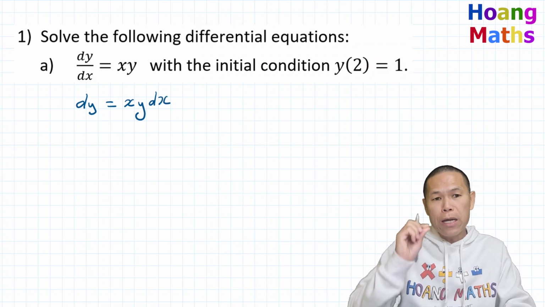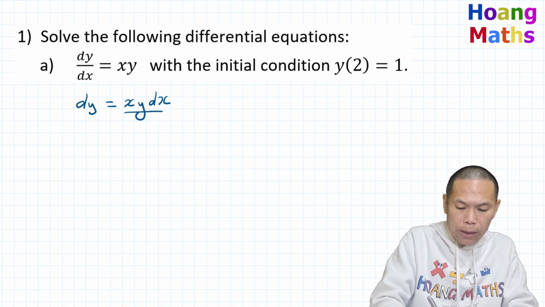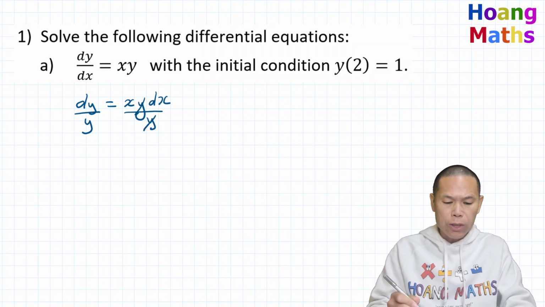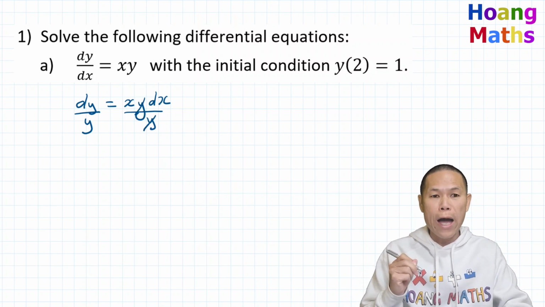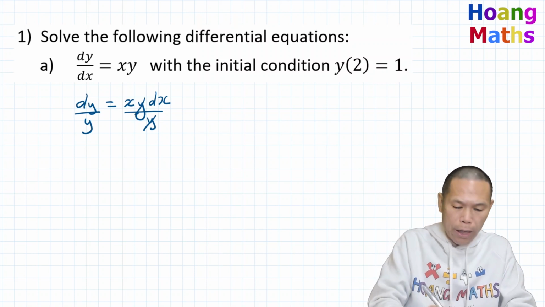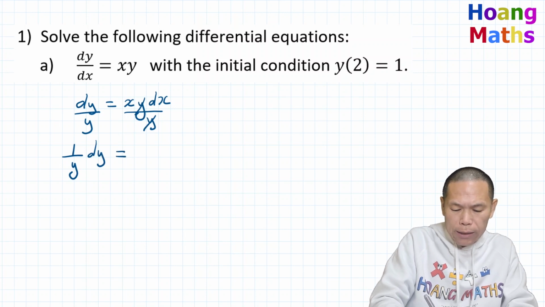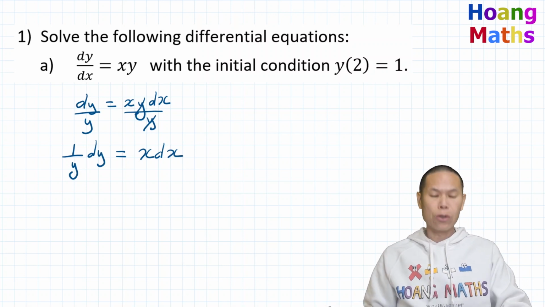Then I divide by y on both sides, that cancels out. So dy over y is exactly the same as 1 over y dy, and that is x dx. So there you go.